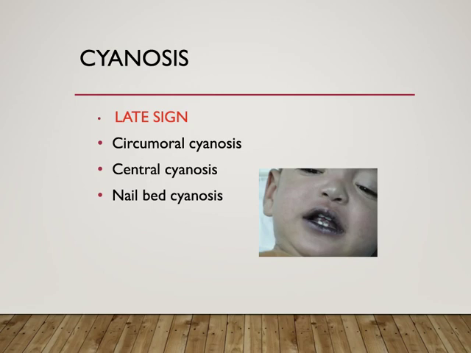If you wait to look at your patient when they're cyanotic, you're thinking to yourself they're hypoxic, you've missed the boat. Circumoral cyanosis is bluing around the mouth. Then you have central cyanosis, where you even get bluing of the tongue inside there. And then you have nail bed cyanosis, all from desaturated hemoglobin.